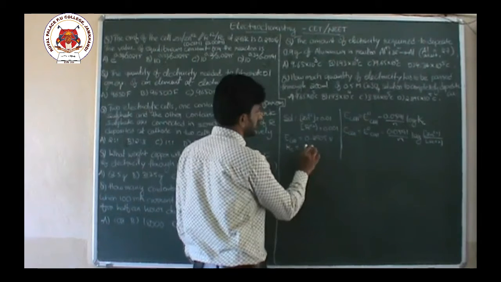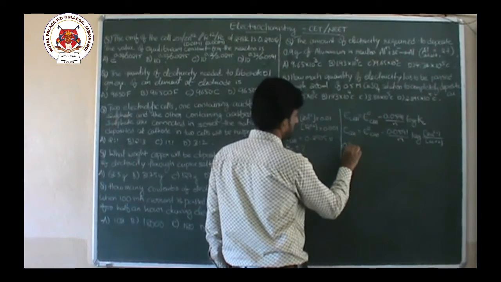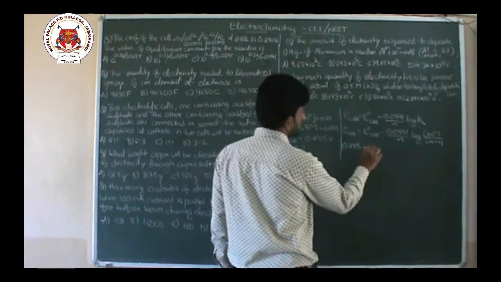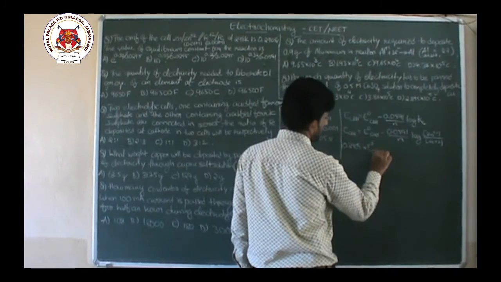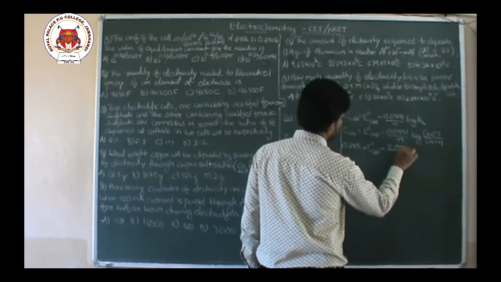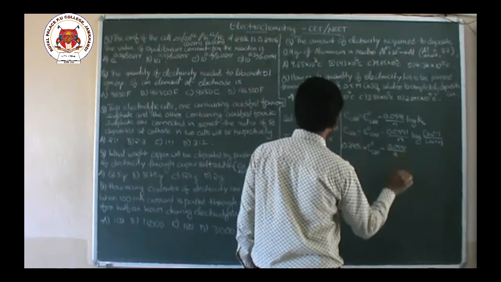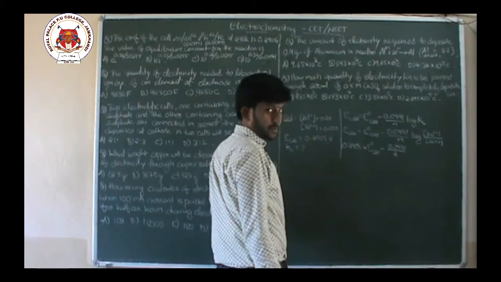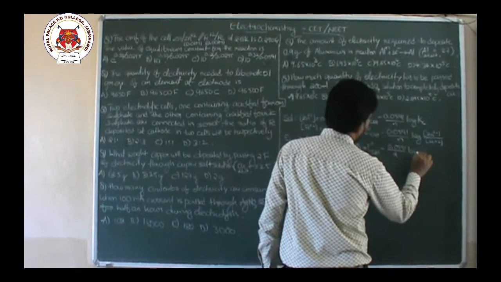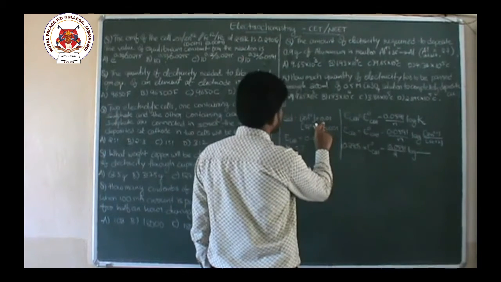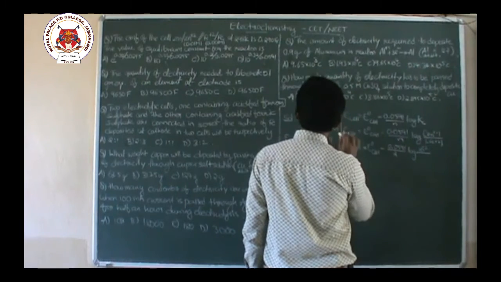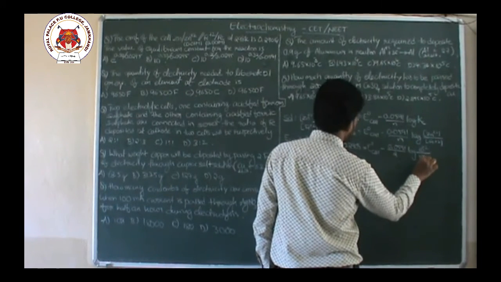E cell is given, 0.2905, that is equal to E naught cell, which we are finding out, minus 0.0591 by n, where n is 2 for this reaction because of Zn plus 2 and Fe plus 2, times log of the zinc concentration, 10 power minus 2, over the iron concentration, 10 power minus 3.